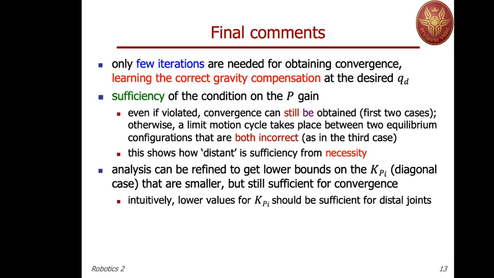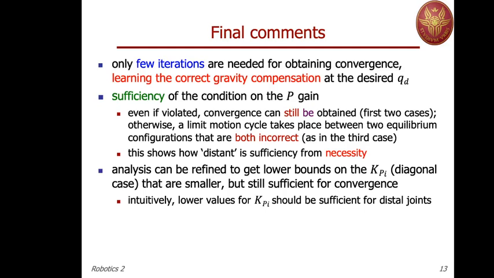So implicitly, one would say that the gains at the first joint in the sequence should be higher because they have to overcome the gravity effect, which is larger because it includes more links in the picture. And the lower bound for the gains on the distal joints is allowed to be smaller.